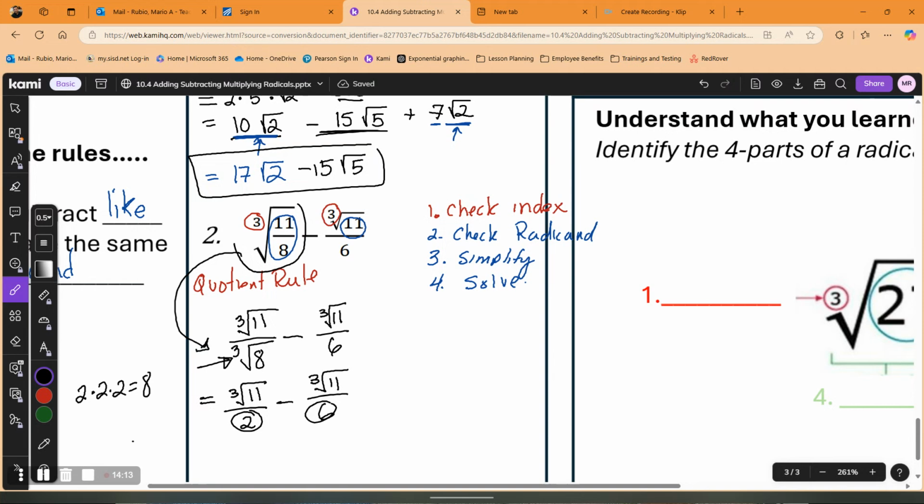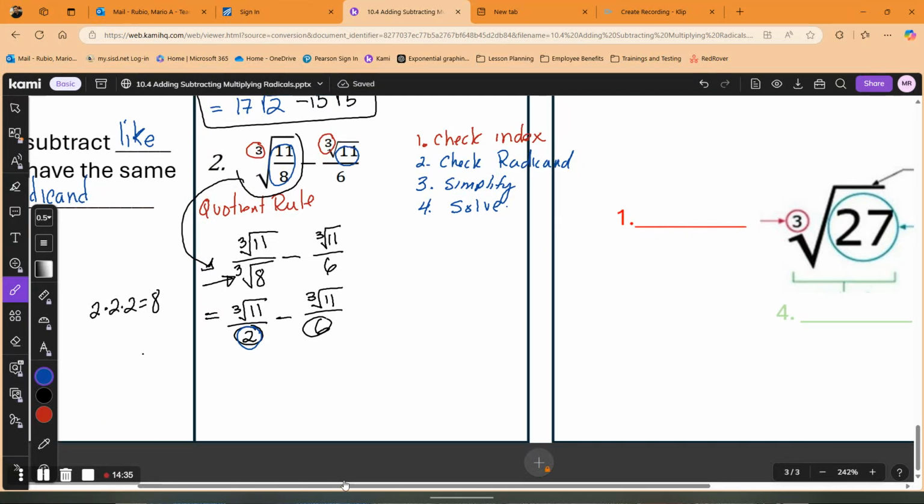So I have to change this 2 into a 6. The way I can change that 2 into a 6 is by multiplying it by 3. If I multiply the denominator by 3, I multiply the numerator by 3.